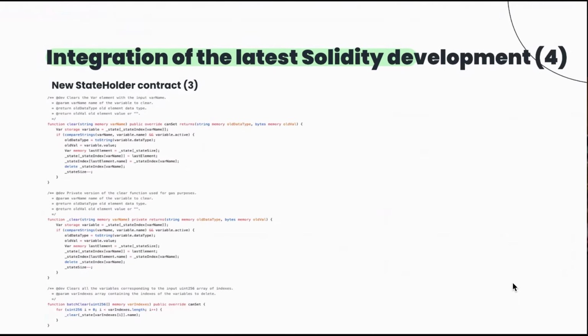And this is also true for the clear and batchClear methods, as before for setVal and batchSetVal. This is the same kind of function, but instead of setting a variable inside the state, this function removes the given one.